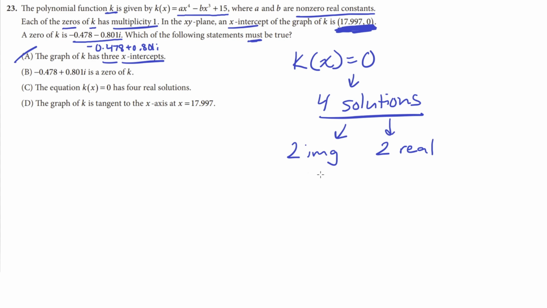X-intercepts don't include the imaginary solutions. The x-intercepts are only for the real solutions. Negative 0.478 plus 0.801i is a 0 of k. This is true. We're explicitly told a 0 of k is negative 0.478 minus 0.801i.